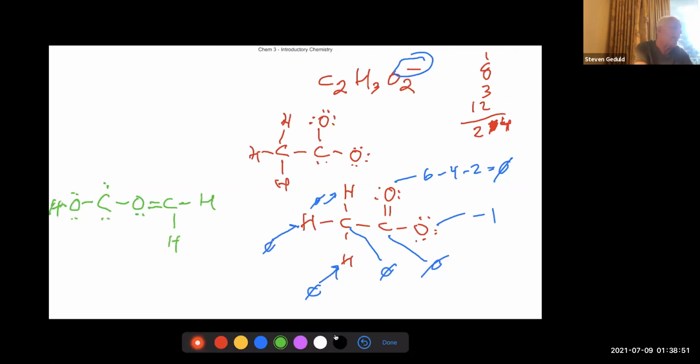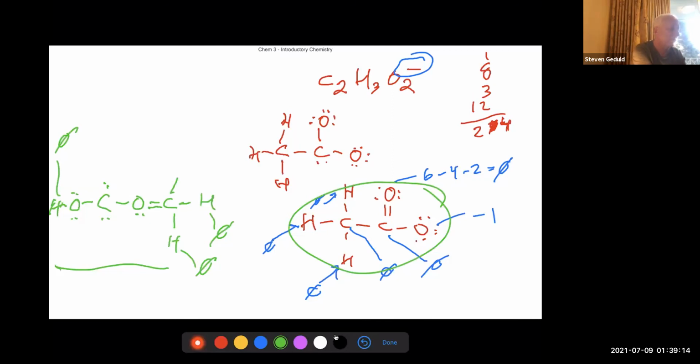So why is this wrong and this right? Because you have to have the formal charges the least number possible. Okay, so let's do formal charges. On this one, it's 0. This one is 0. And this hydrogen is 0. All right. What's the formal charge on this carbon? It's supposed to be 4 and 4 bonds.